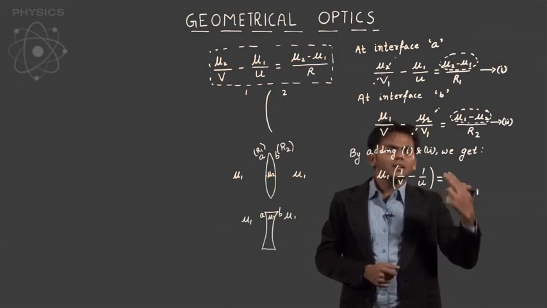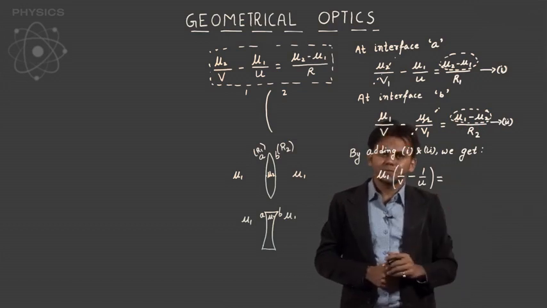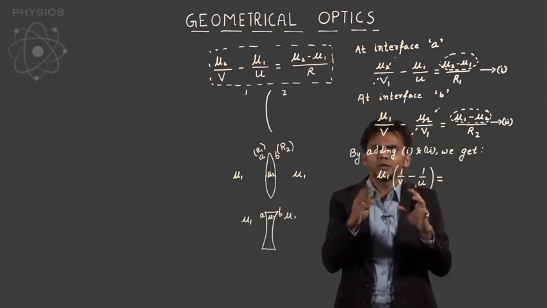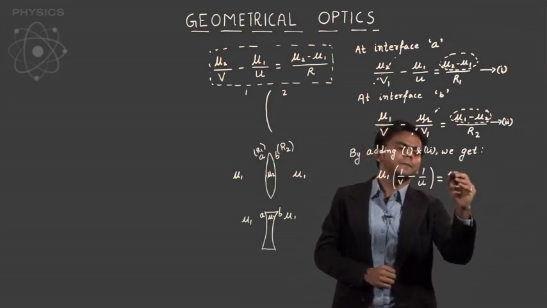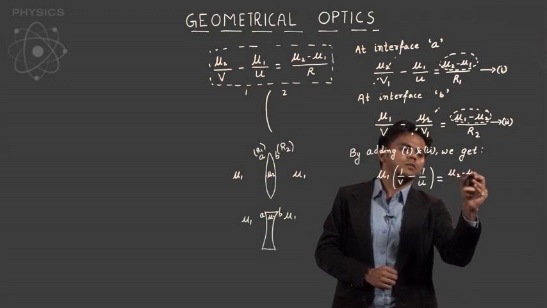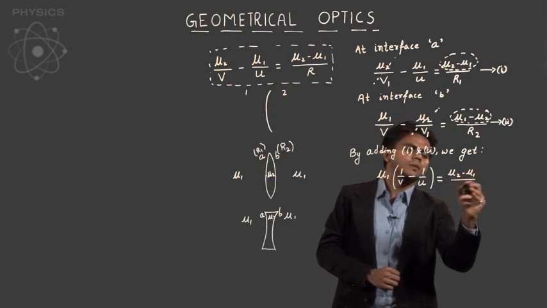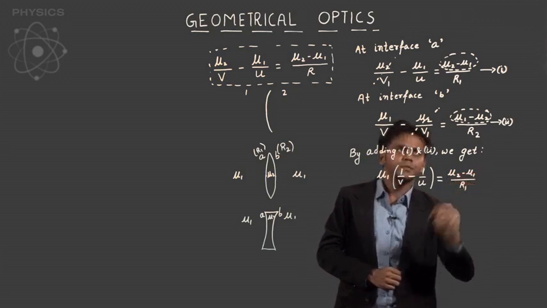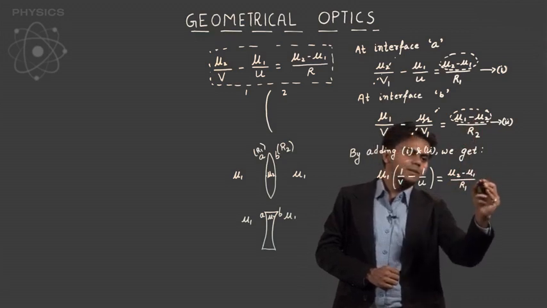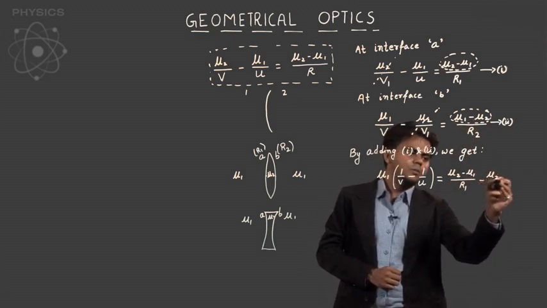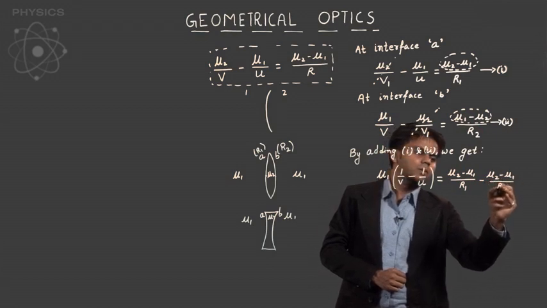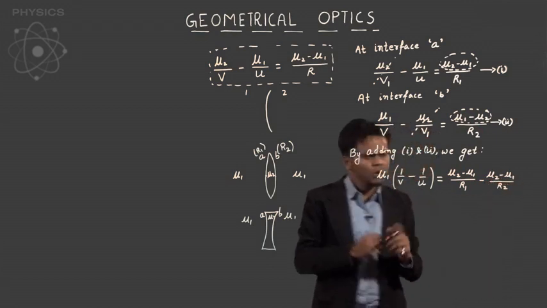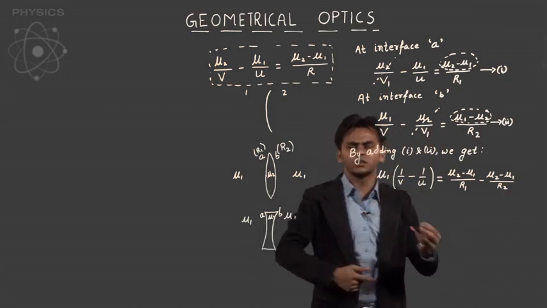And I can take mu2 minus mu1 as common. I'll not tax you on your intellect right now, I'll just do it for you so you understand. Mu2 minus mu1 upon R1. Now invert it through. What you will get is minus of mu2 minus mu1 upon R2.